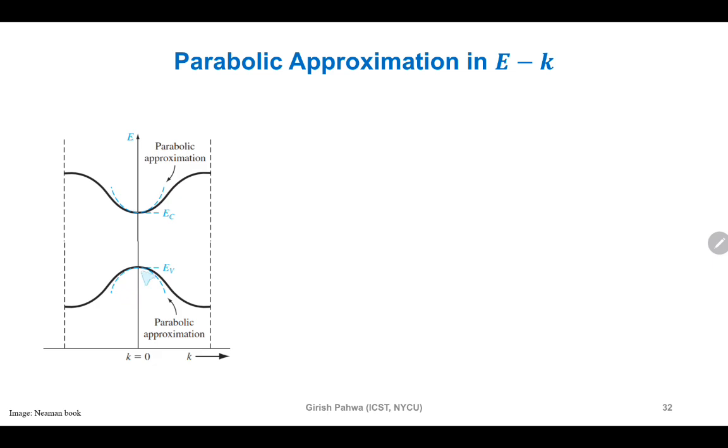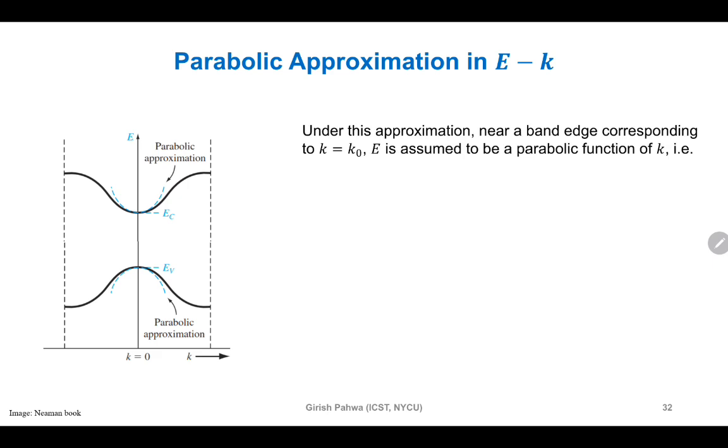Similarly here, the parabolic relationship holds only near K equal to 0. It may not always be K equal to 0; it can be K equal to K naught also. What I am trying to say is that the parabolic relationship holds good near the bottom or the top of the band, near the edges. Say the edge is at K equal to K naught.